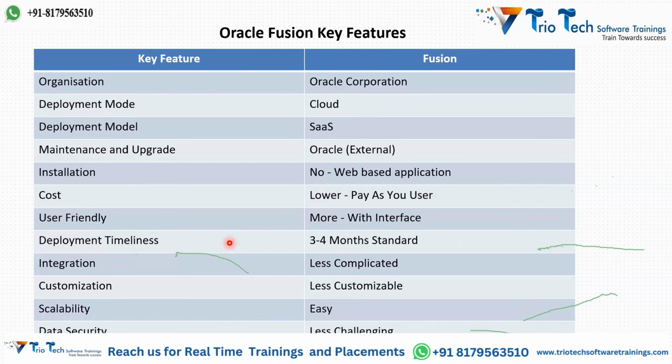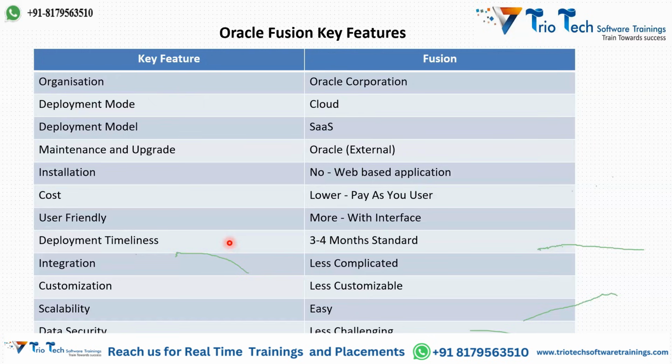And what is the standard deployment timeline for this application? If you compare with any other applications available in the market, where previously the timelines were 1 year and more, now the standard timeline of deployment of this product has been reduced to 3 to 4 months, right? So what does it mean?